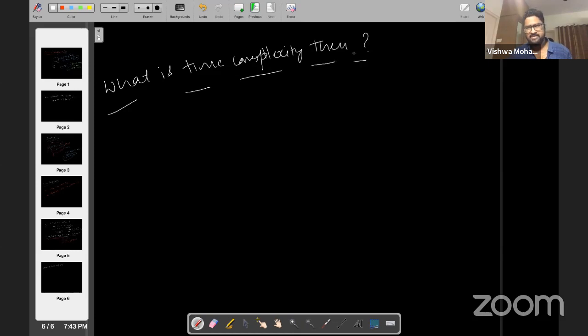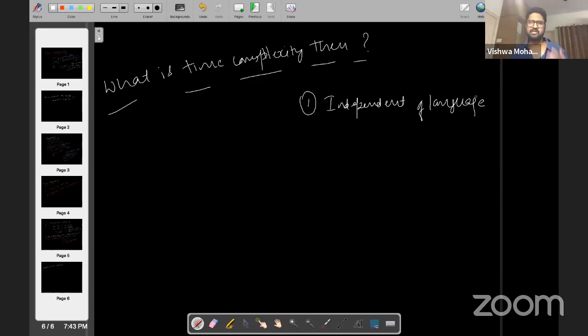So basically we have to come up with a definition of time complexity which should be independent, right? Whenever we define the time complexity, it should be independent of the language. It should not be that I write an algorithm and say to someone, okay, I have written an algorithm which is better in Java but bad in Python.